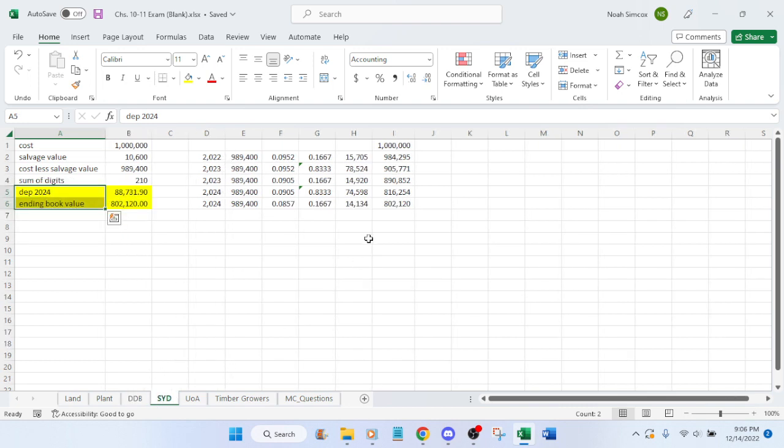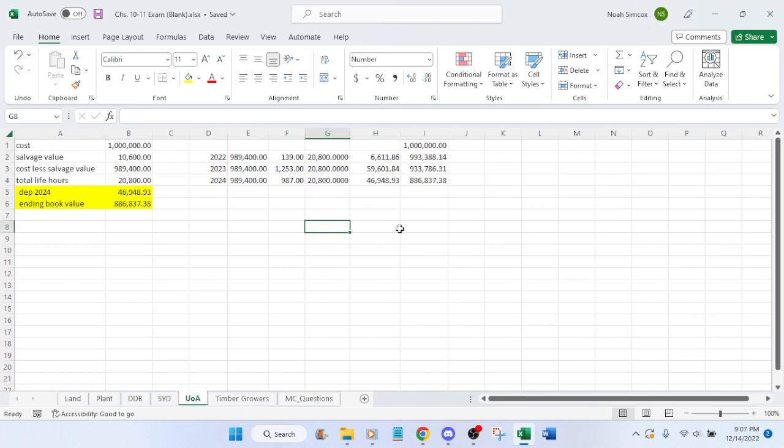For this question, this is the sum of digits, and make sure again you only change this number after one total year, not every single cell is 1 year. It's 2 cells equals 1 year. And for this one, the key is to multiply it by the number of hours and divide it by the total amount of hours.